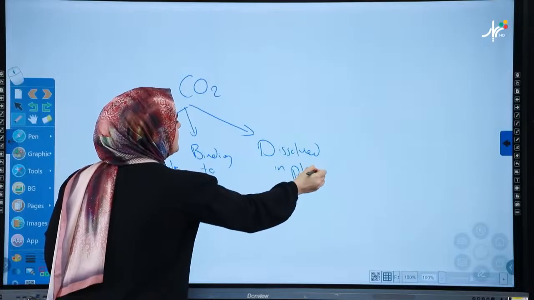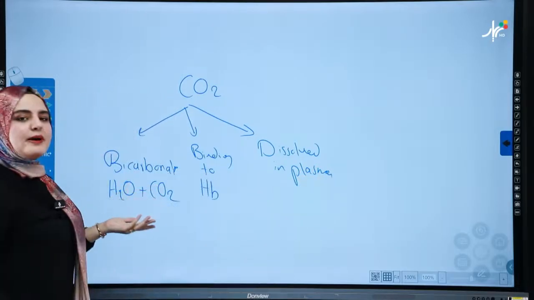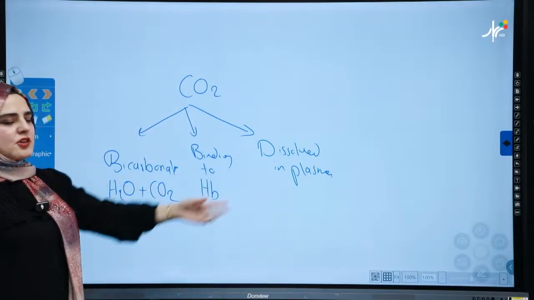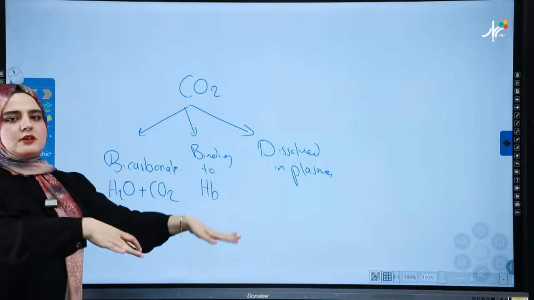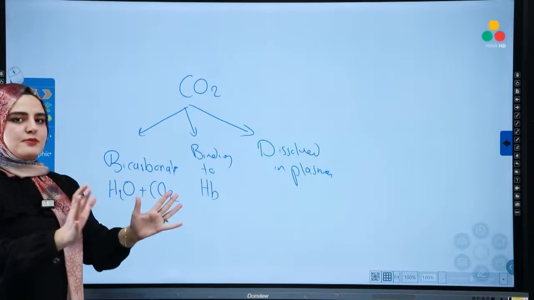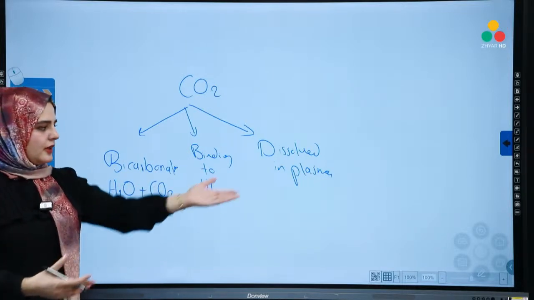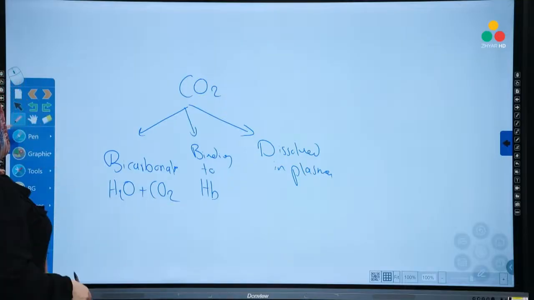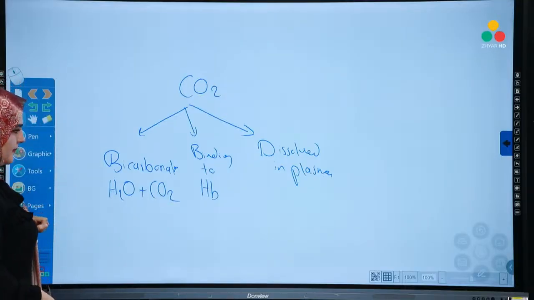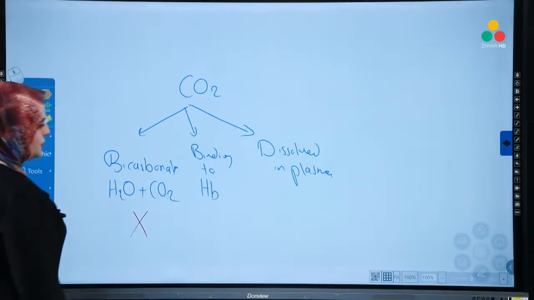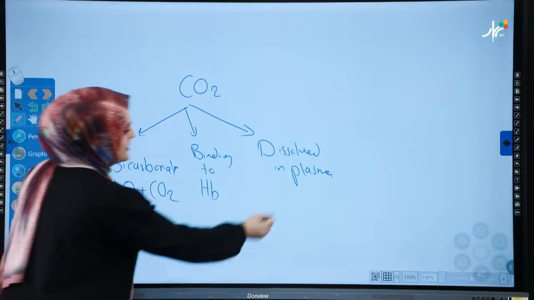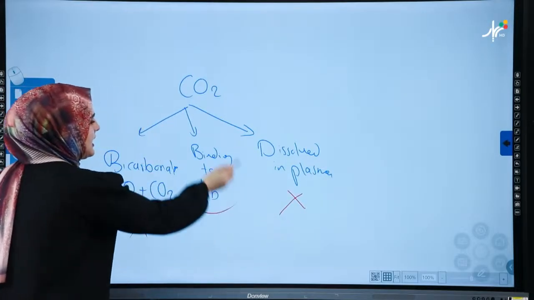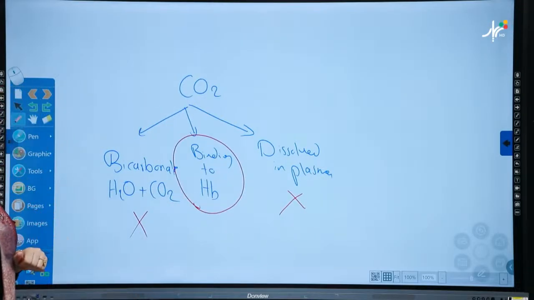The difference between dissolving in plasma and becoming bicarbonate is that bicarbonate involves a reaction. Dissolved is just CO2 in a liquid, the same molecular compound. Here, we need to do something. This has nothing to do with the hemoglobin, and neither does this. And the question didn't mention that part.